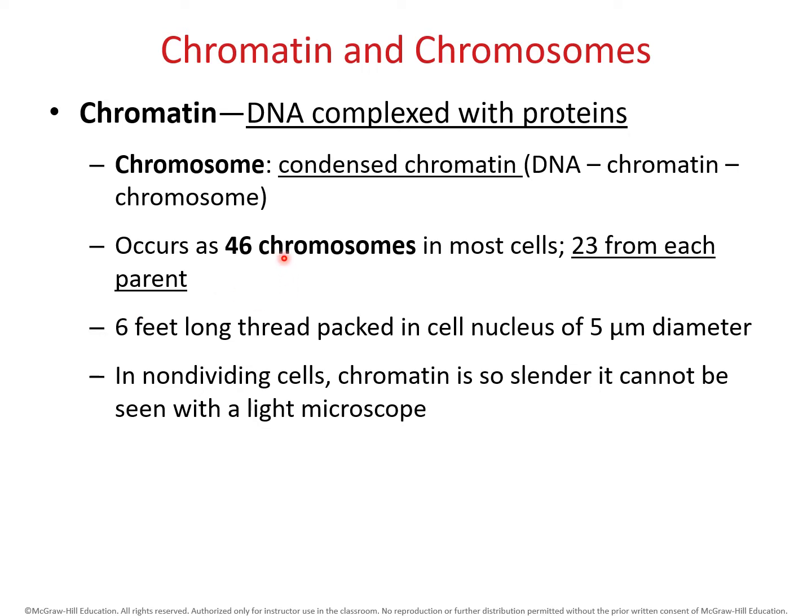So half of these chromosomes come from mom, the other half come from dad. And again, DNA is a long molecule. You could actually stretch it out like 6 feet. So obviously, you have to be able to make this DNA take up a much smaller space in order for it to be stored in the nucleus where it can be safe. And some of these other points are just there again, if you're interested.